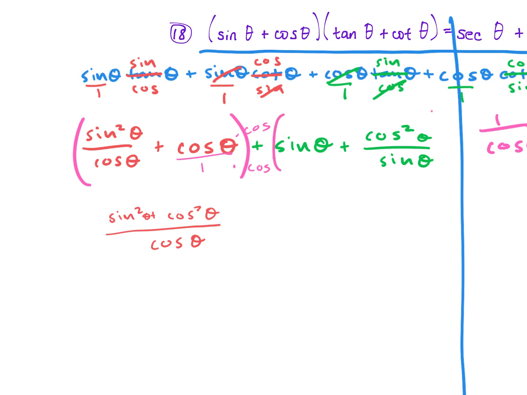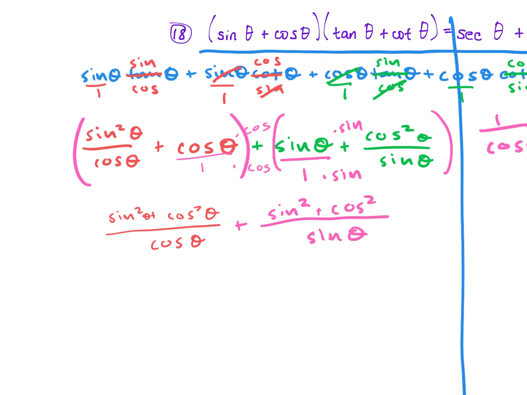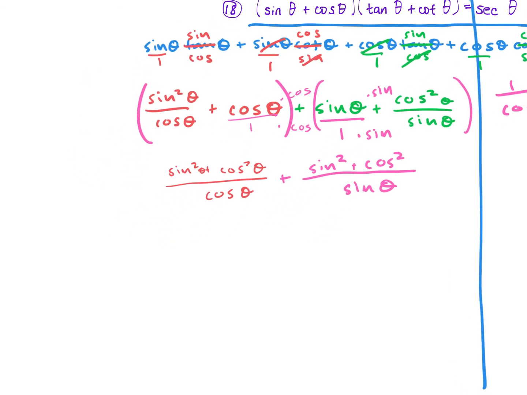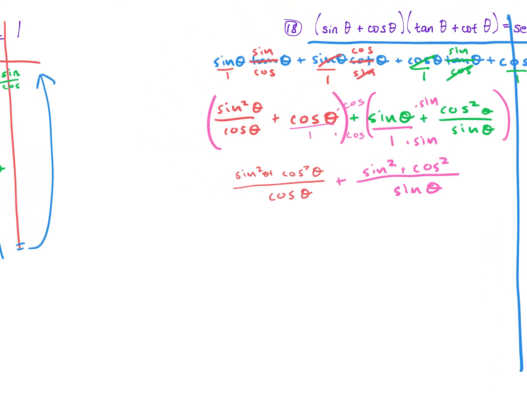Did you do the same thing with the green one? Yeah. So here I want my denominator to be sine. So I'm going to multiply the sine theta times sine over sine. So I would have sine squared plus cosine squared over sine. We know what sine squared plus cosine squared is because that's our identity.